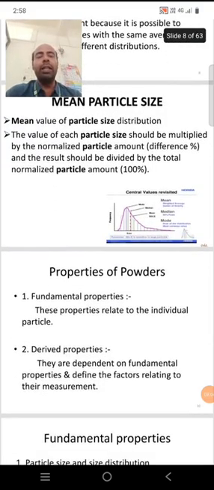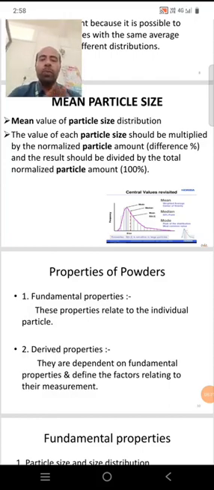In the Micromeritics unit, the properties of powders are very important. The first are the fundamental properties, and the second are the derived properties. Fundamental properties relate to the individual particles.